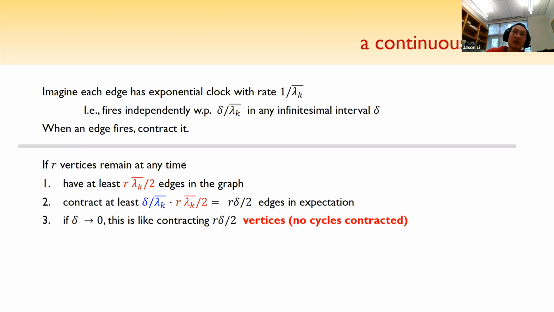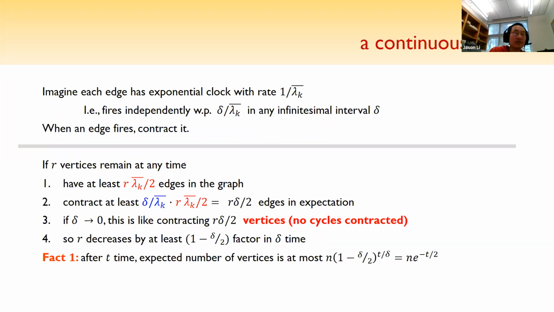If the set of edges that we contract has no cycle, then this will be true. When delta goes to 0, we should only expect to contract almost 1 edge each iteration, so this should be true. So in expectation, we decrease the number of vertices by r times delta over 2. In other words, r decreases by a factor of 1 minus delta over 2 in expectation.